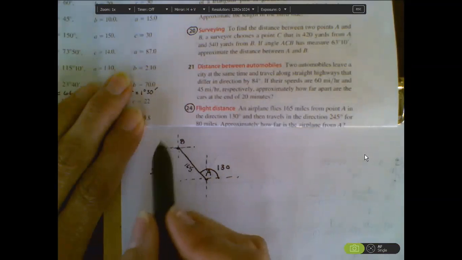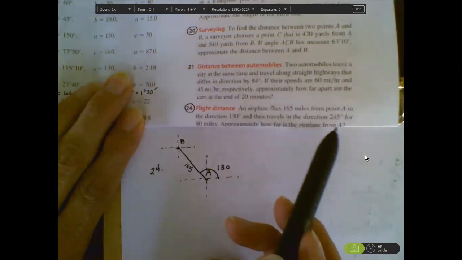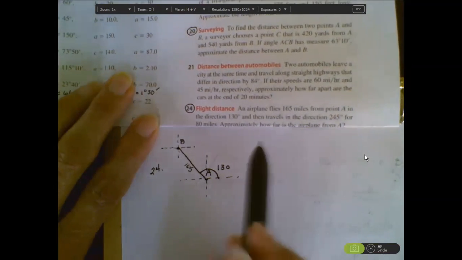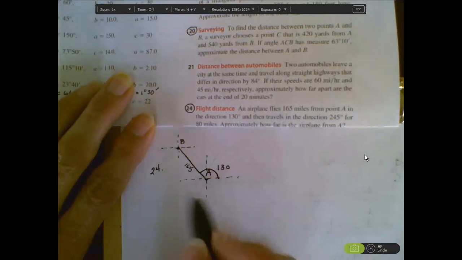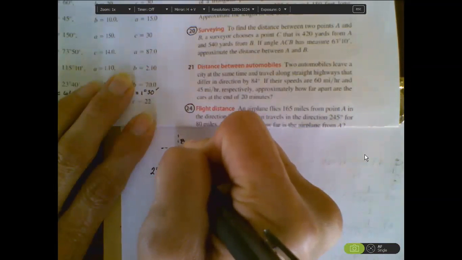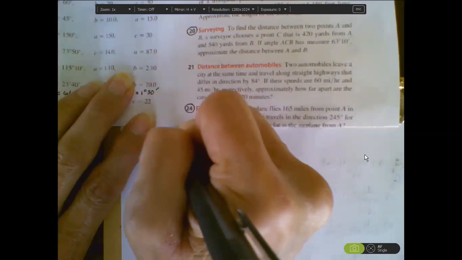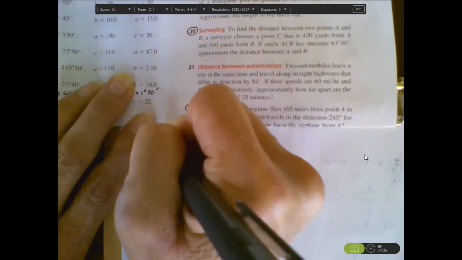If I'm just looking at this Cartesian coordinate system right here, in what quadrant would there be a 245 degree angle? Third. Yeah, that's 180 and 65 more. So from here to here is 245 degrees.